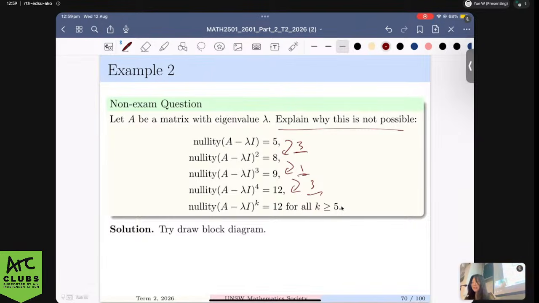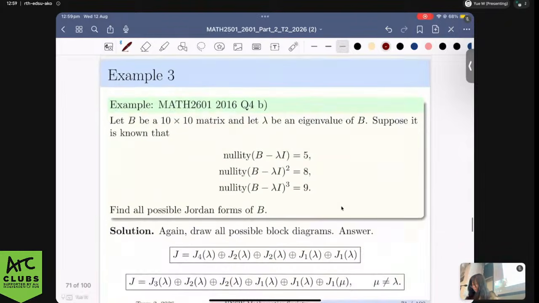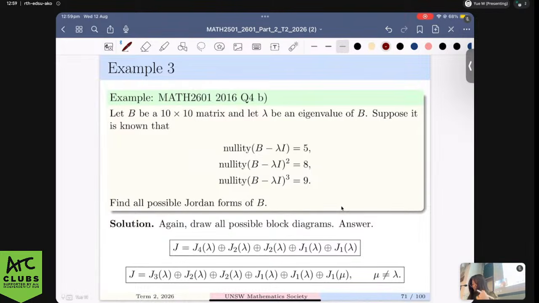If you try to draw it out, you'll see why. And then here it's the same thing. I'll leave it as an exercise for you. You consider the differences between each one and draw in the Jordan blocks. The first one will have 5 blocks, the second one will have 3, and the last one will have 1 block. And then you read each line vertically to determine the size of each Jordan block.